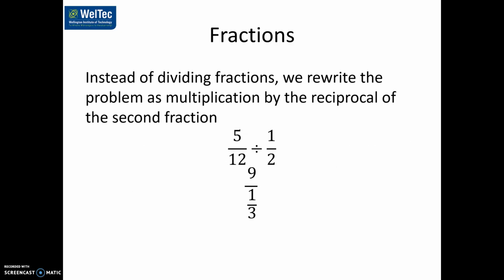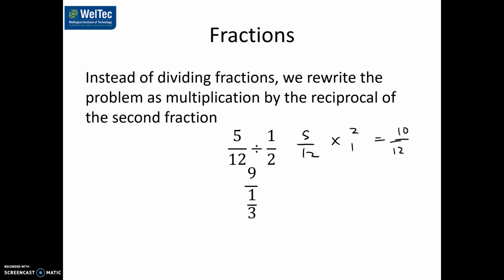Instead of dividing fractions, we rewrite the problem as a multiplication by the reciprocal of the second one. So 5 over 12 becomes a multiple of the reciprocal like that: 10 over 12 or 5 over 6. So 9 over a third.